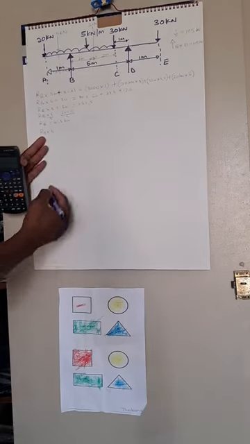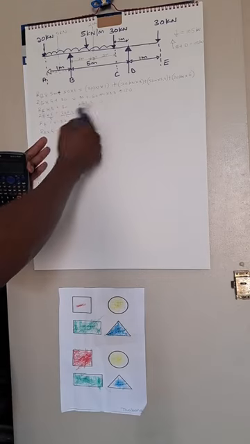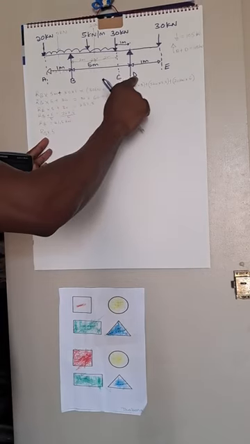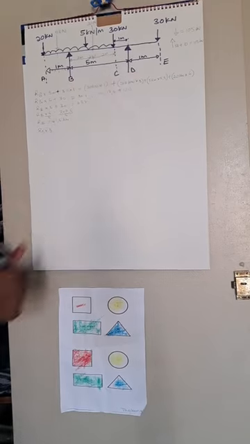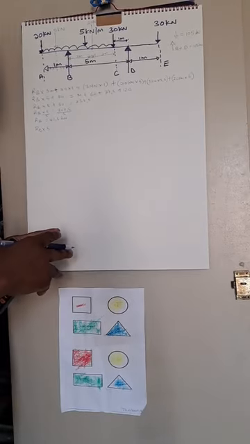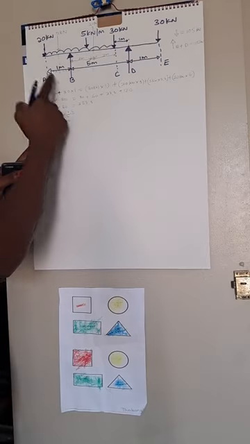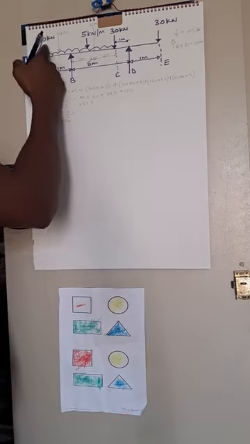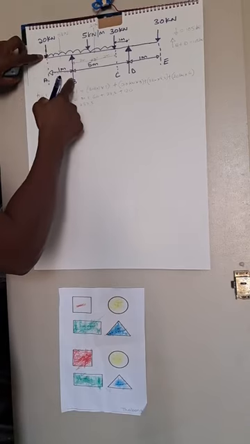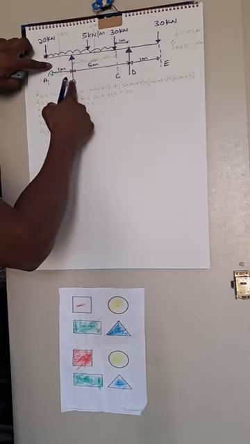So let's go through this one once again. Because we are looking for D, all the components are rotating to point B. In other words, we are saying anti-clockwise moments equals clockwise moments. Now let's look at the components that are going to point B anti-clockwise. We have 20 times 1, as well as 5 times 0.5.